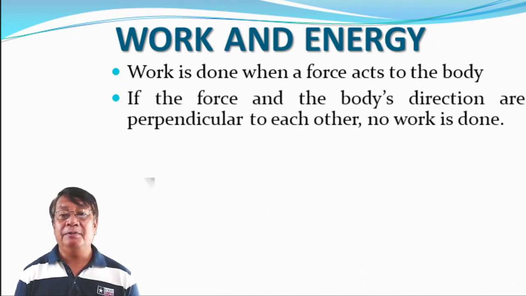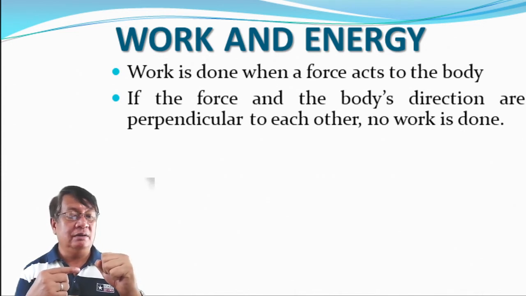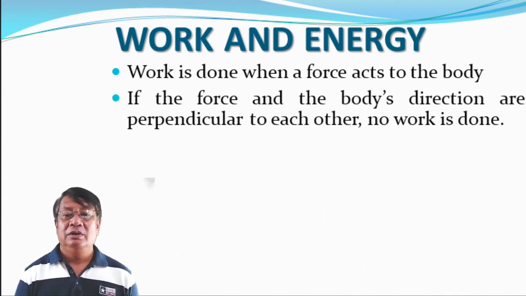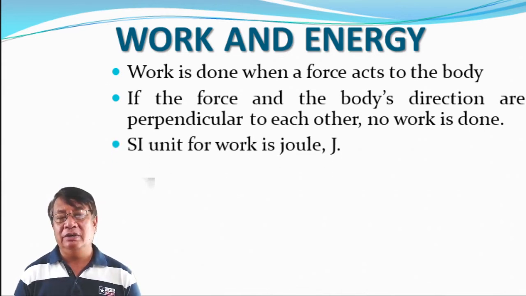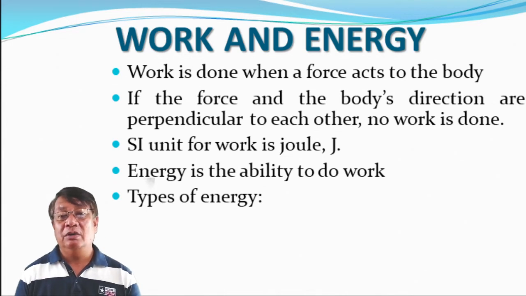If the force and the body's direction of motion are perpendicular to each other, no work is done. The unit of work is the joule, with the simple symbol capital J. Another thing, talking about work, it results in energy.